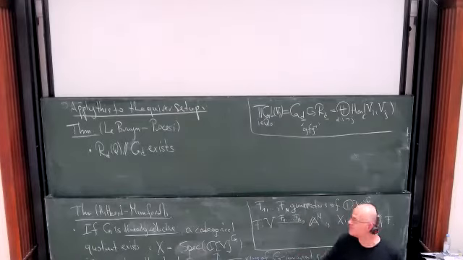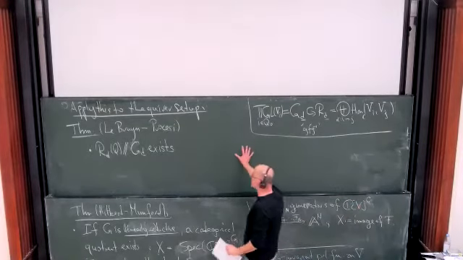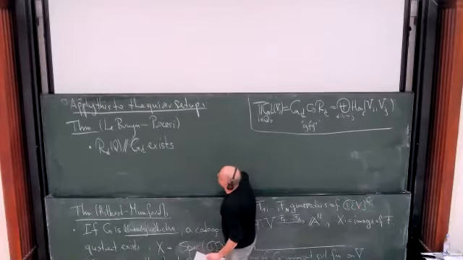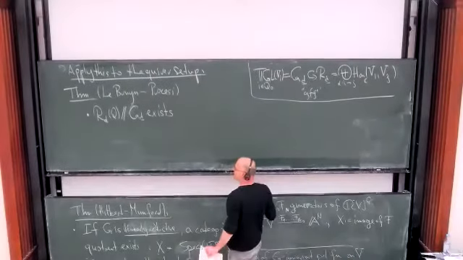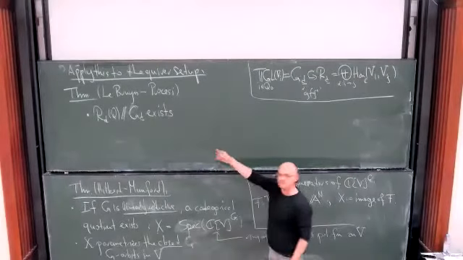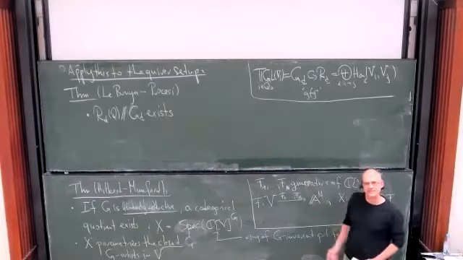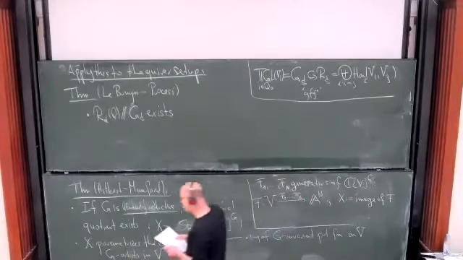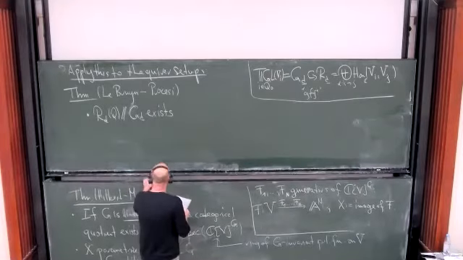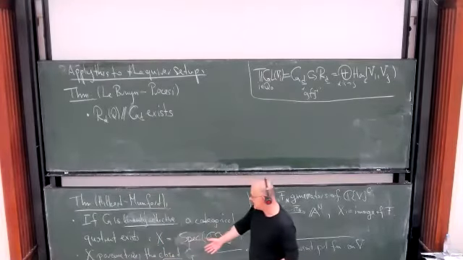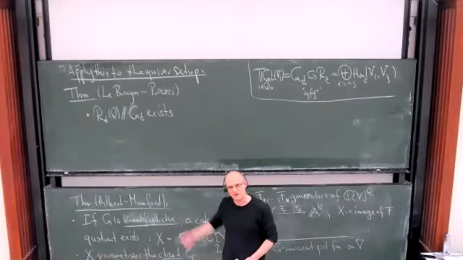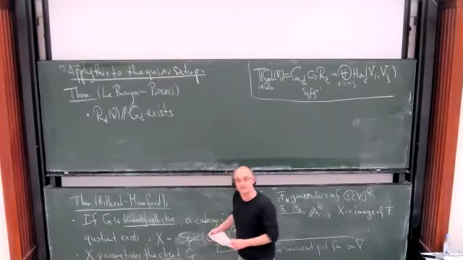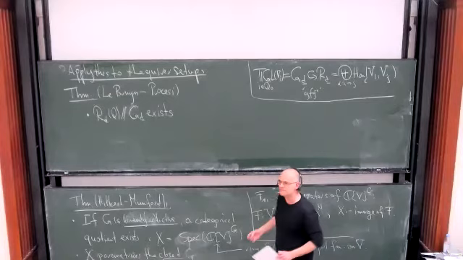This existence we already know from Hilbert-Mumford, because Hilbert-Mumford said this quotient exists if the group is reductive and we have a linear action. This is fulfilled here. The conjugation action is linear and the group is a product of GL, so it's reductive. So this quotient exists. The second part of Hilbert's theorem says it parametrizes the closed orbits. So what are the closed orbits for this action in the quiver situation?